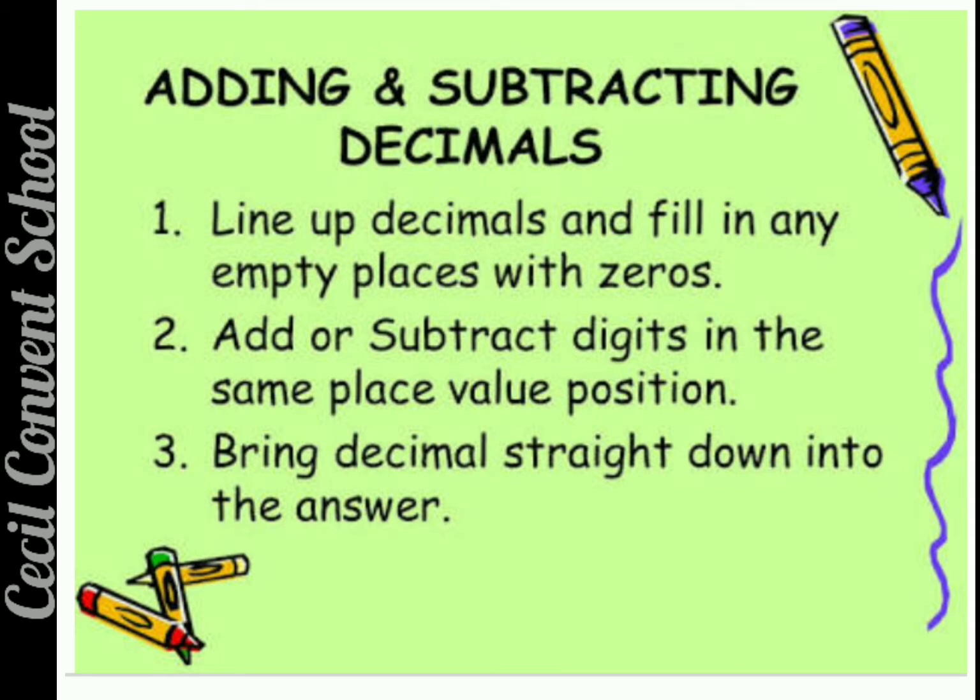Now there are some rules for doing addition and subtraction. I already showed you how we add, now I will tell you the rule. First rule: you have to convert unlike decimal numbers into like decimal numbers. Then you have to line up the decimal points and fill any empty place with 0.